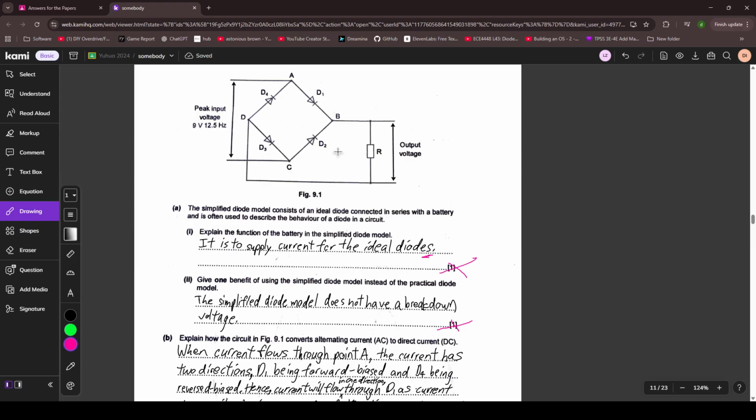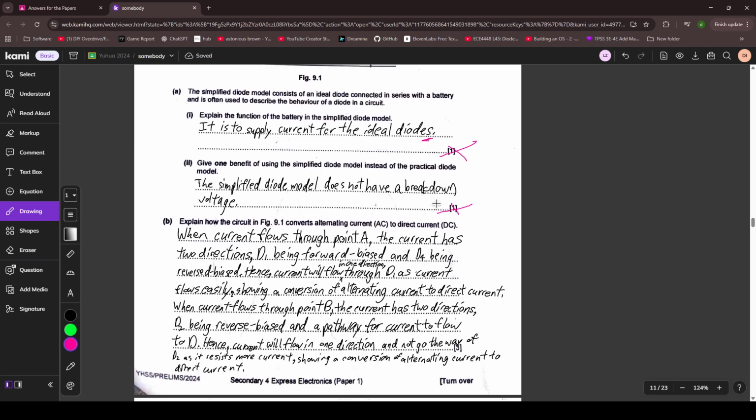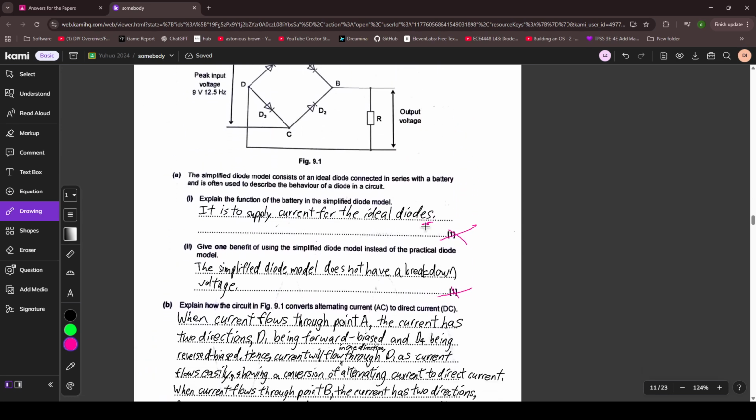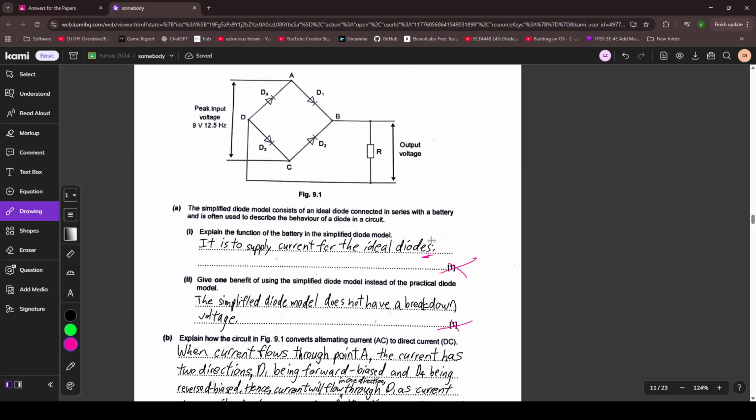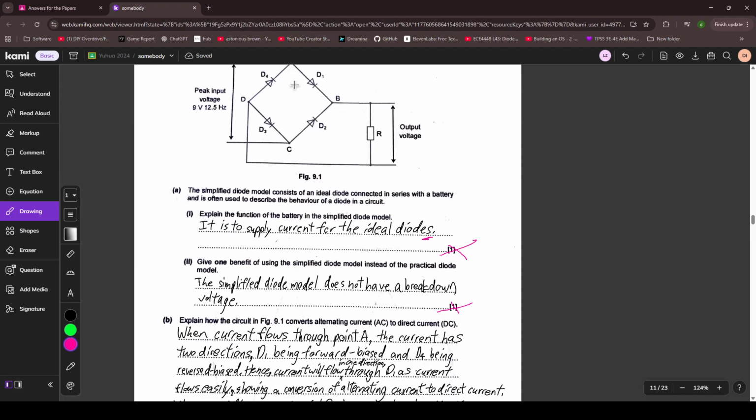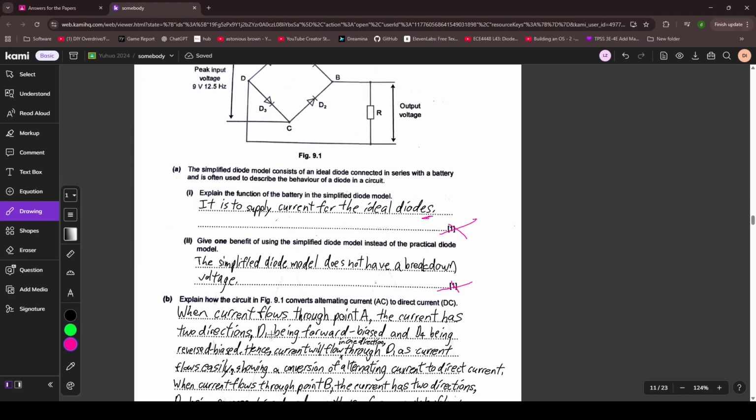Explain how this converts AC to DC. Alright, so let's see how you do this. When current flows through point A, the current has two directions, D1 being forward biased, and D4 being reverse biased.